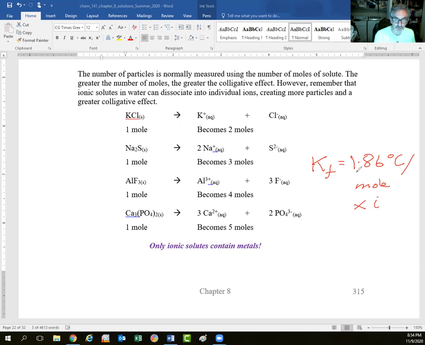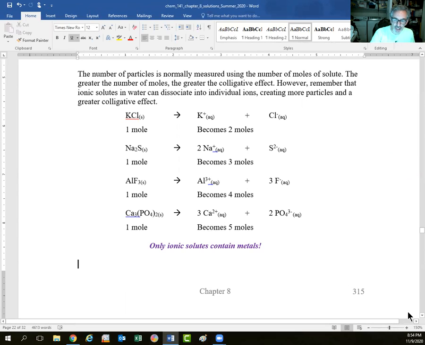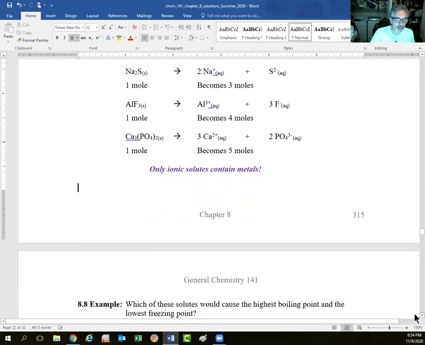So you could have 1 mole of sodium sulfide, but an I factor of 3, because it's breaking up into 3 times as many electrolytic particles. Anyway, more on that another time. So we've got that I factor to take into account.